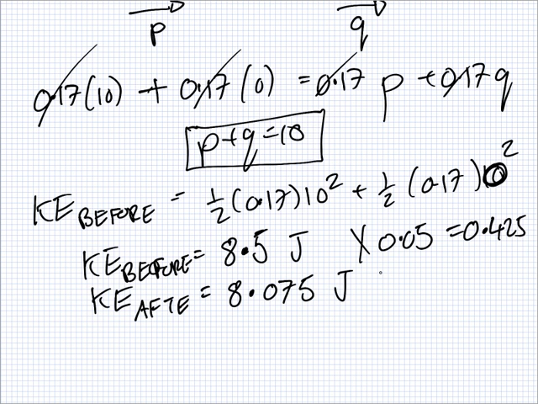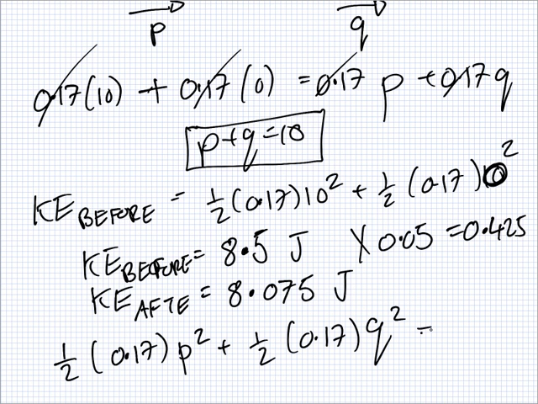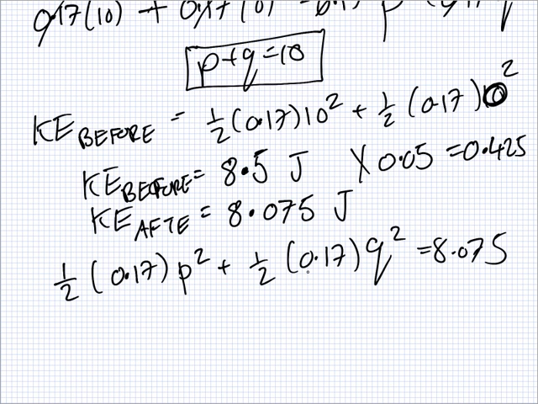That's okay so far, yeah? So, we also know that a half m p squared plus a half m q squared should equal the 8.075, because we just said the kinetic energy should be this. Right, I will multiply everything by 2, and I'll also divide by 0.17.